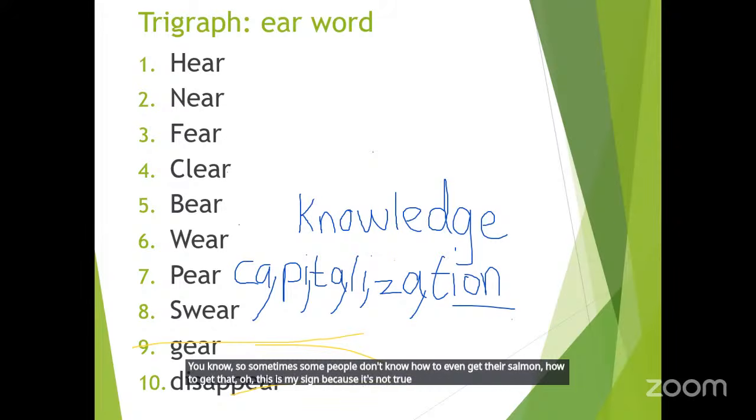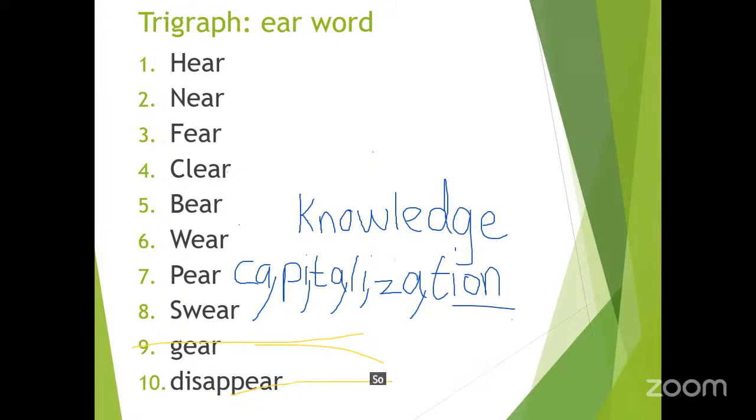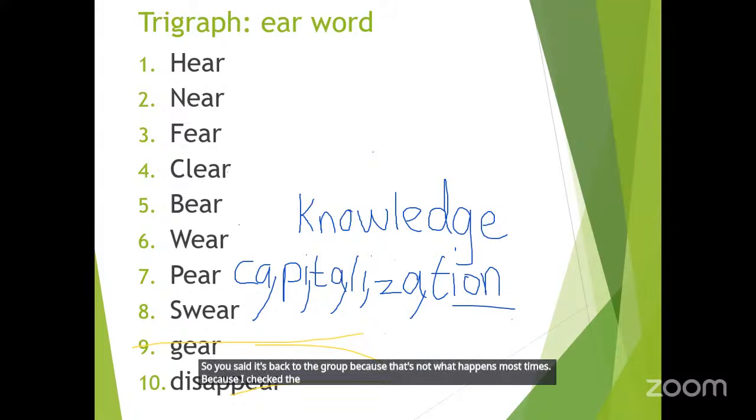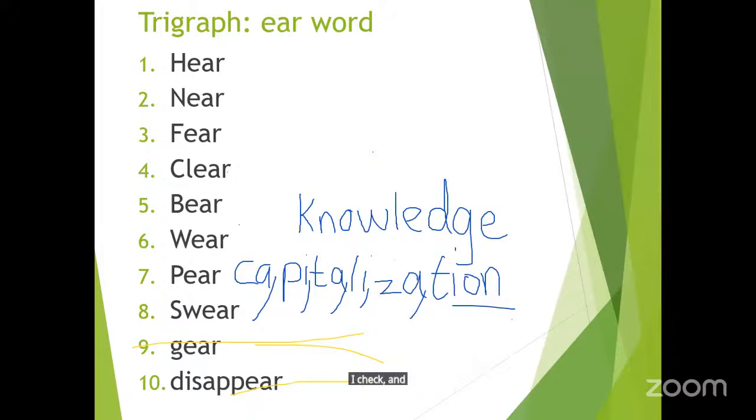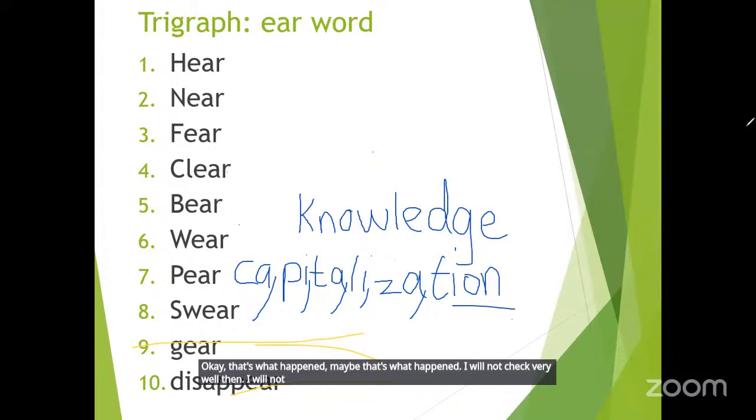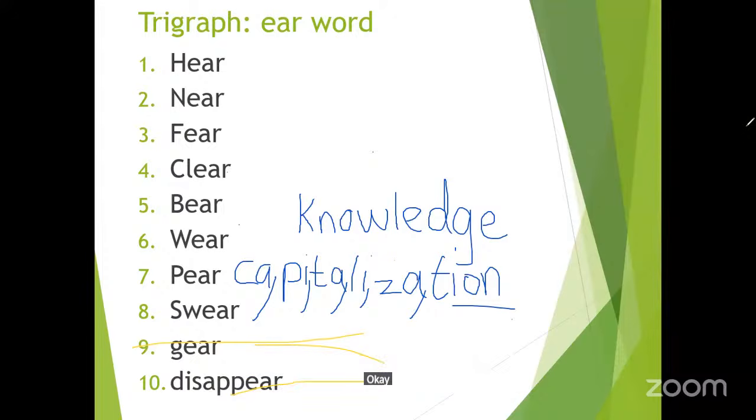So send it back to the group, because that's not what happens most times. I check the group as well. Most times I don't comment, but I noticed that she's been marking the assignments. Okay, maybe that's what happened. I will go and check very well then. I will not lay the complaint if I check very well. Yes, ma'am.